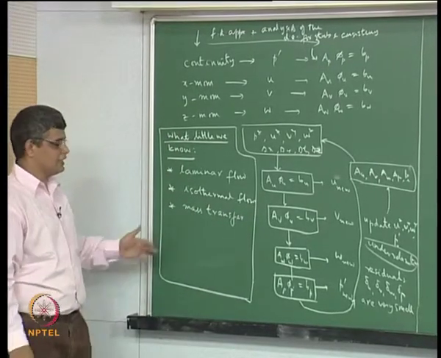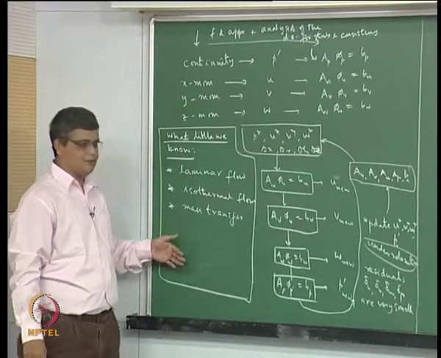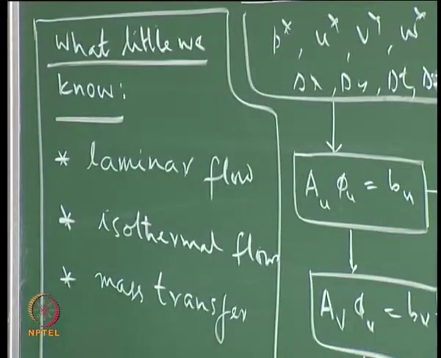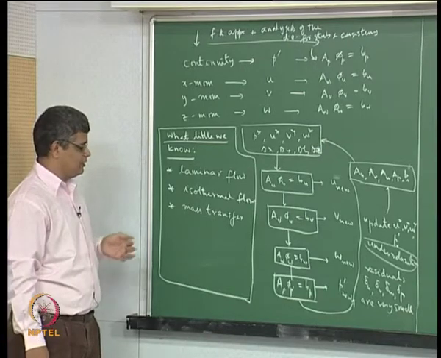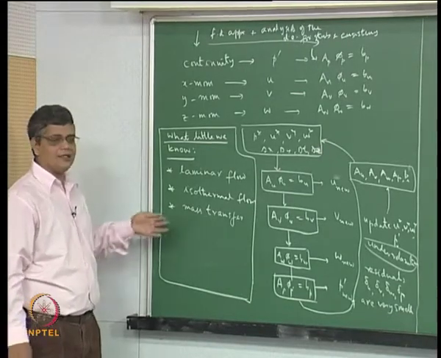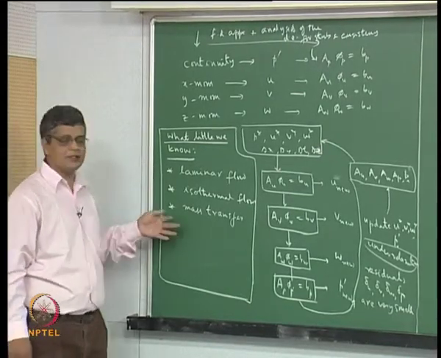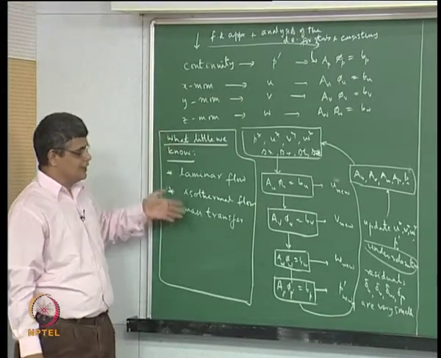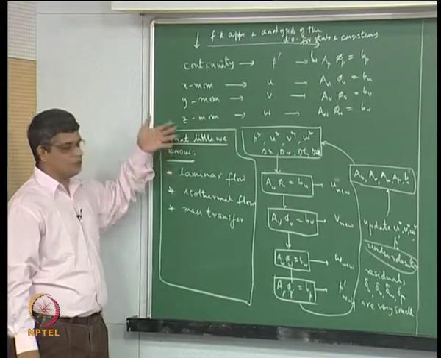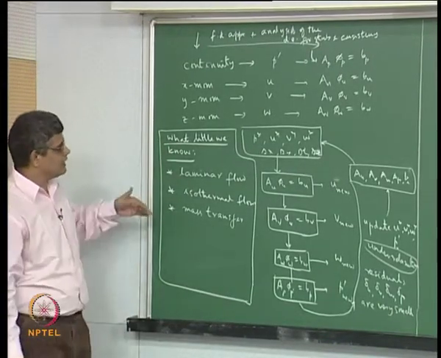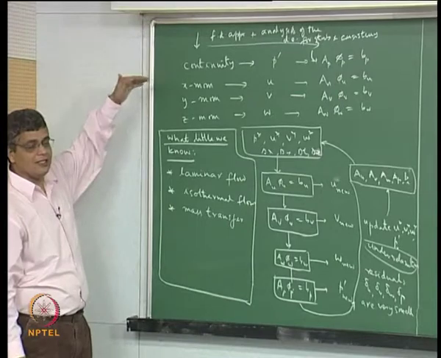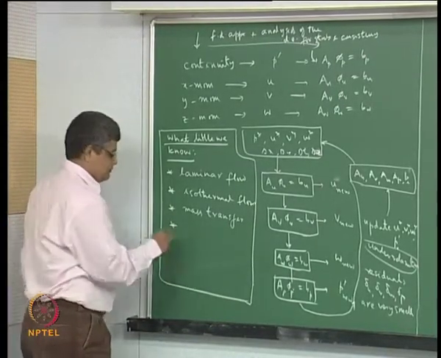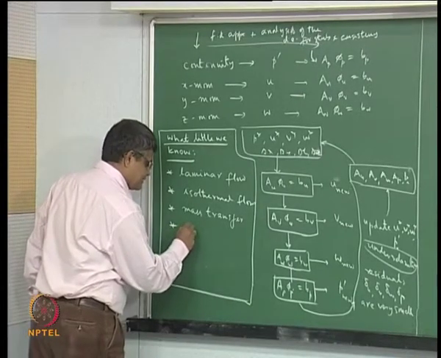For example, if you are looking at air conditioning type of application or a drying kind of process in a chemical or a process industry, there is definitely mass transfer. If there is dissolution, there is absorption, all the cases there cannot be treated because we do not have the capability to deal with mass transfer in our governing equation. And we have neglected chemical reactions.